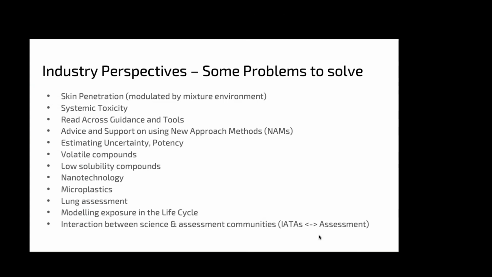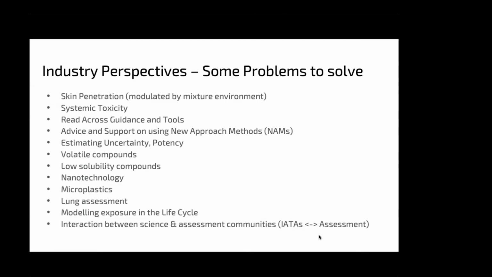How do we assess plastics? How do we have a stronger reference set and method set for assessing, for example, lung sensitization, lung endpoints of those volatile compounds? How do we better model exposure and dose response and life cycle issues?